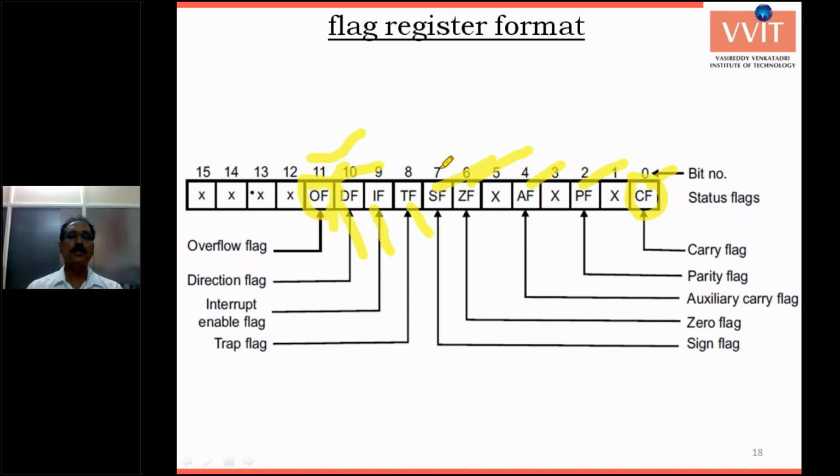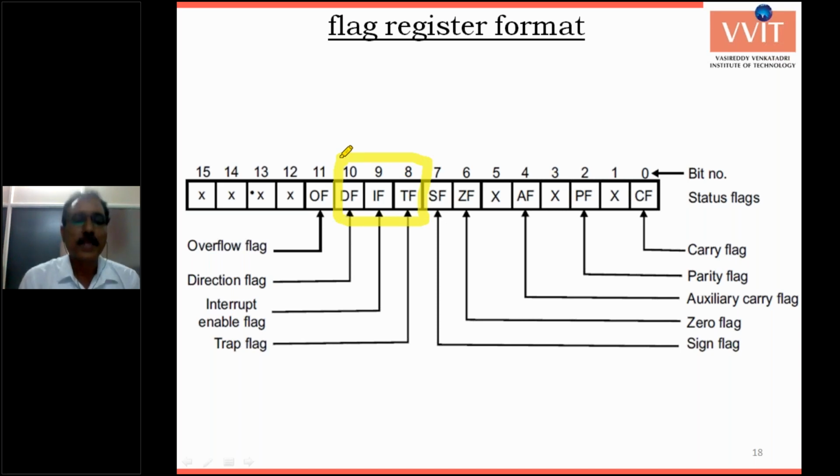Now the next three are the control flags of the 8086. One is the direction flag. In string operations, you refer to an array, from the starting to the ending position or from the end to the starting position.